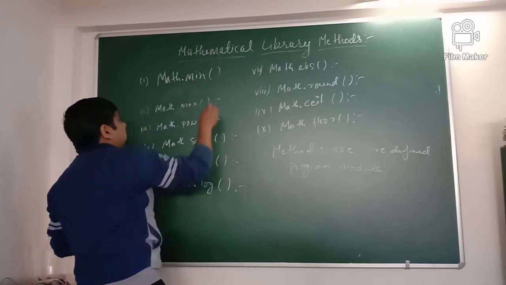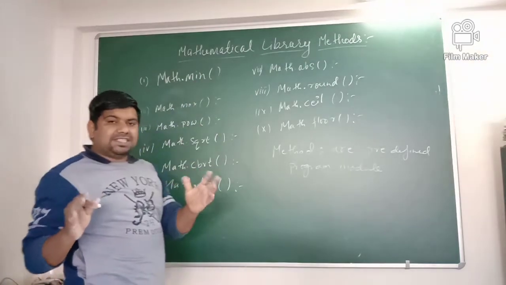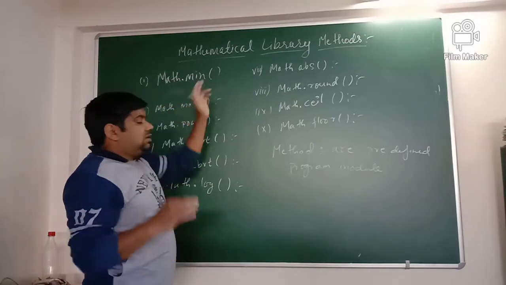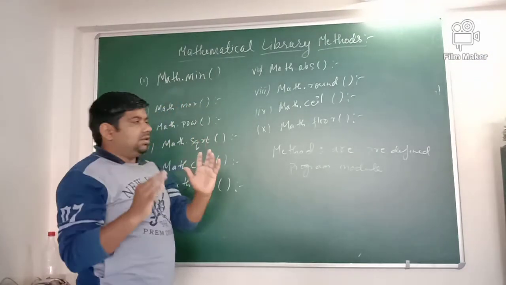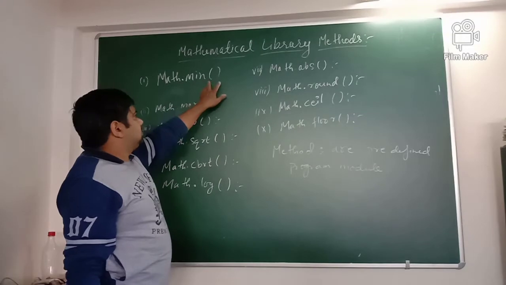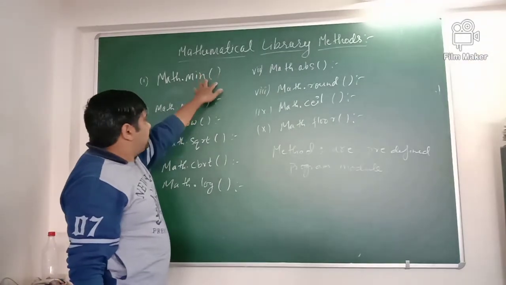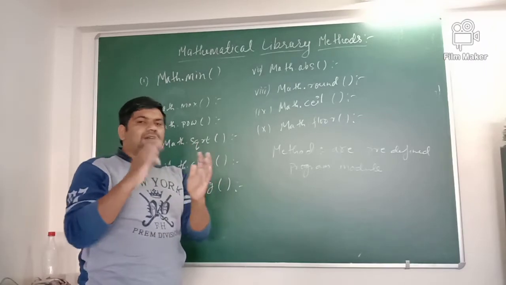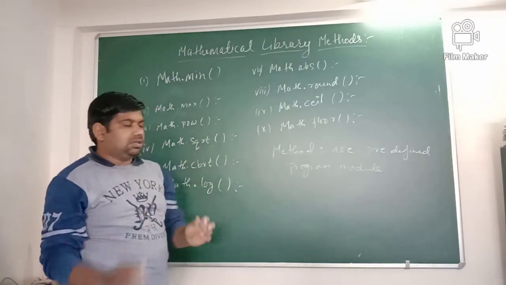It is essential to write a method with an opening bracket and a closing bracket. Anything written along with an opening and a closing bracket is known as a method.